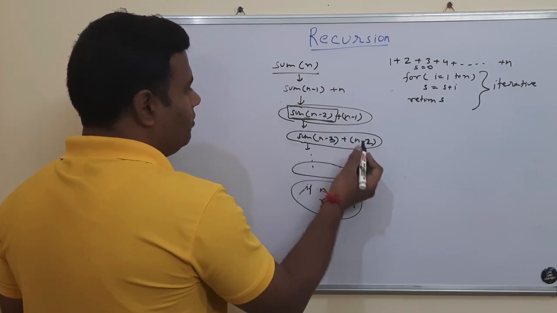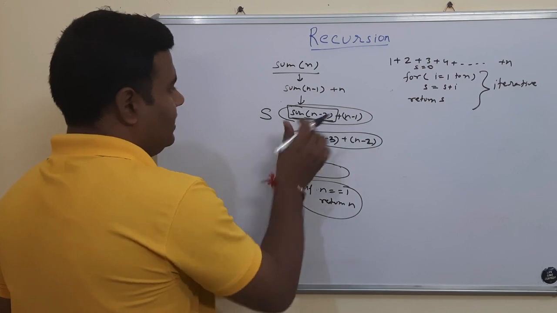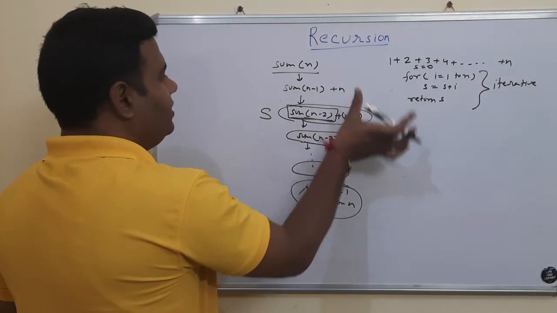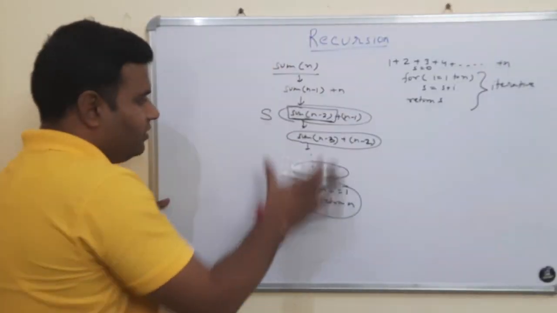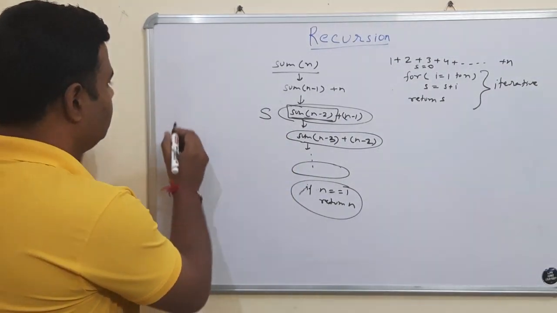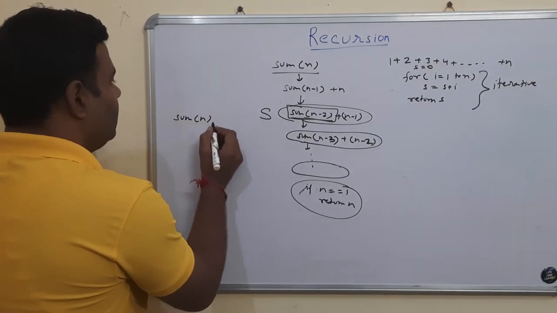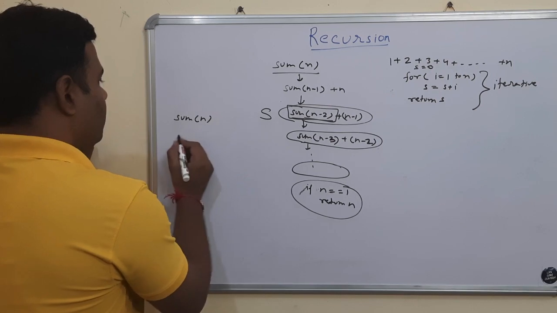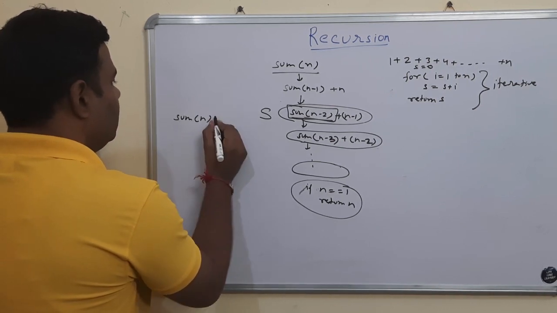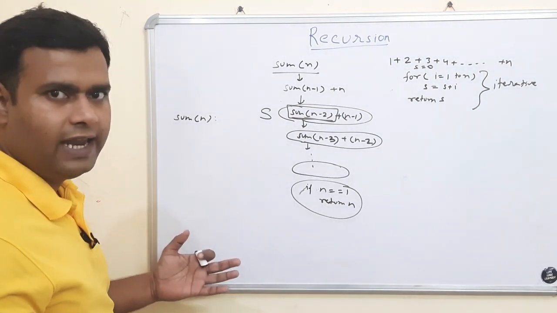This problem will be solved. So whatever is returned, let's say we have capital S as the sum of this, then we can just add n to this and return the sum. So if you want to write this in program form, what will be the code? Sum of n, right? I'm using Python syntax, but you can use any language.